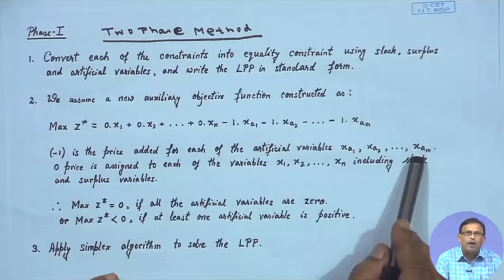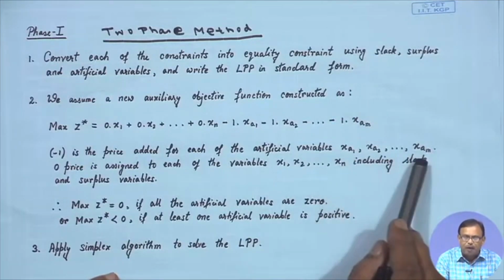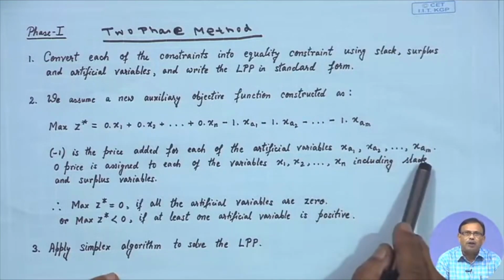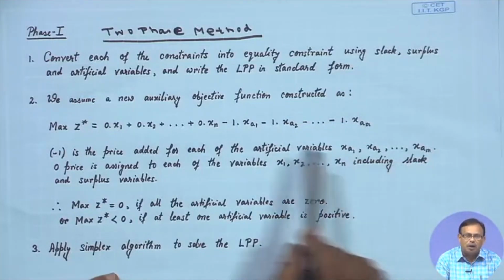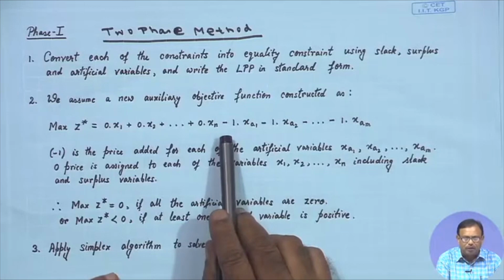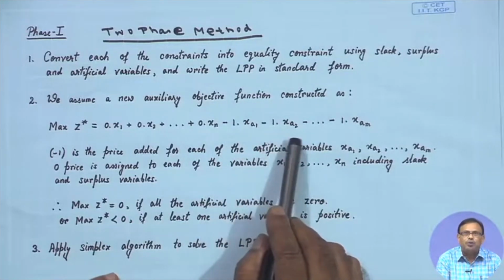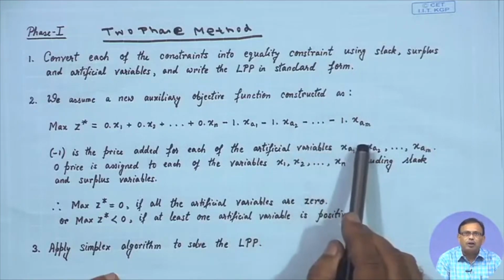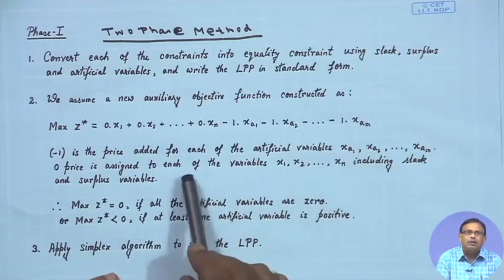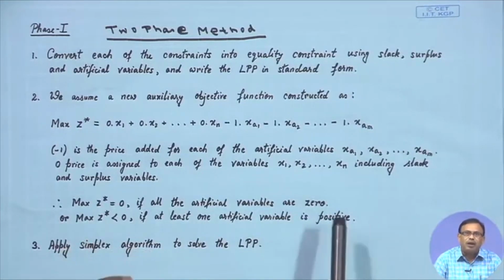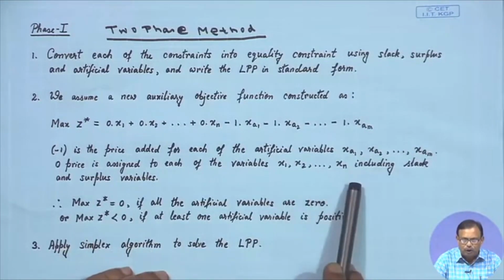So, please note that if I have m artificial variables xa1, xa2, xam, then in the auxiliary objective function we are adding a price minus 1 by writing minus 1 into xa1, minus 1 into xa2, like this way, minus 1 into xam, and 0 price is assigned to each of the variables x1, x2, xn.